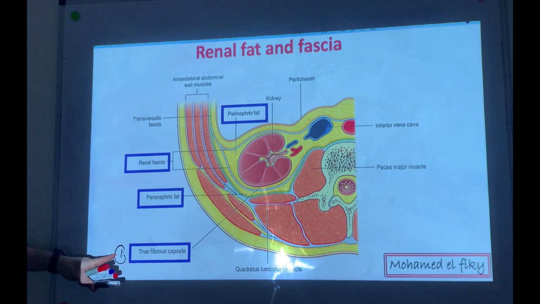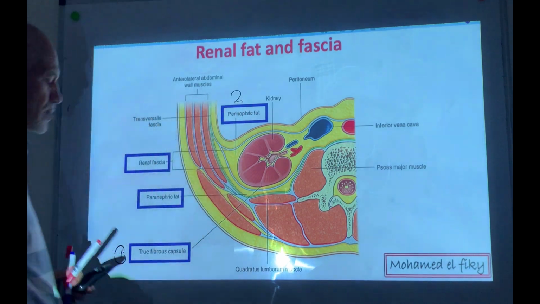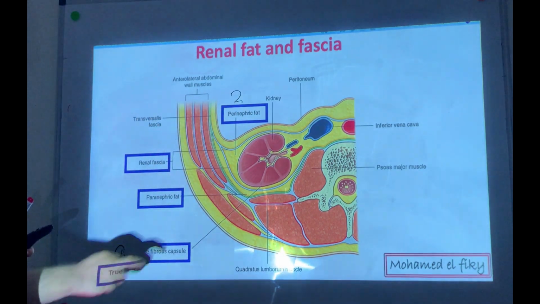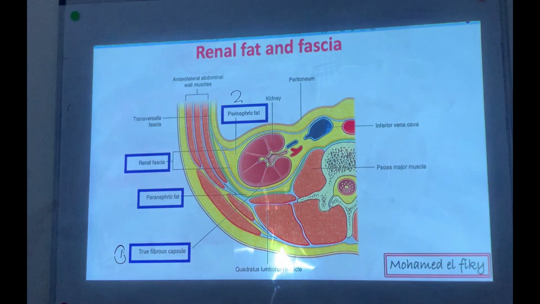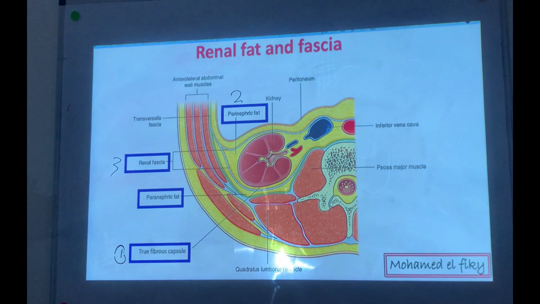Number one, the fibrous capsule. Number two, fat, perinephric fat or perirenal fat. Number three, renal fascia, which is the fascia related to the posterior abdominal wall.